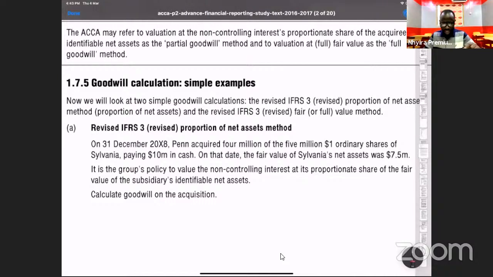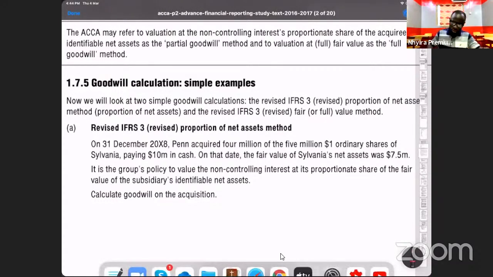You realize that on 31st December 20X8, Penn acquired 4 million of the $5 million $1 shares in Sylvania. That's all we want here. So Penn is acquiring 4 million of the 5 million ordinary shares in Sylvania. Who is doing the acquisition here?